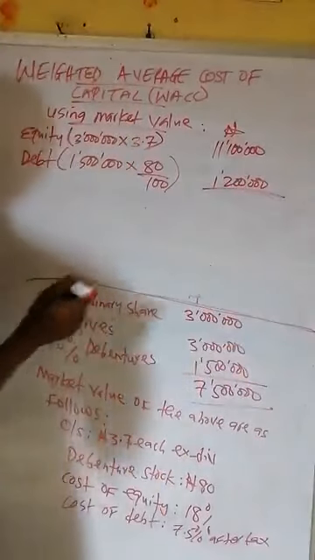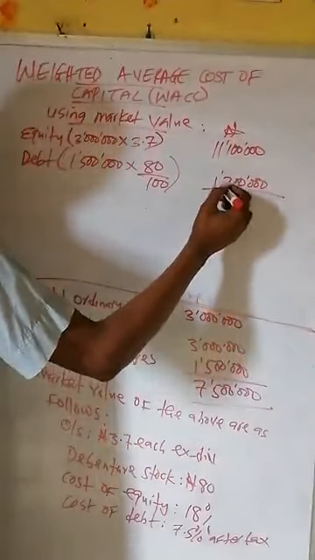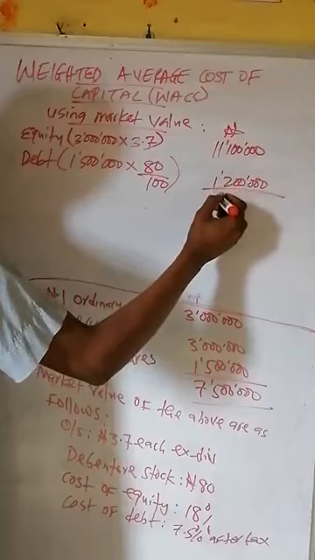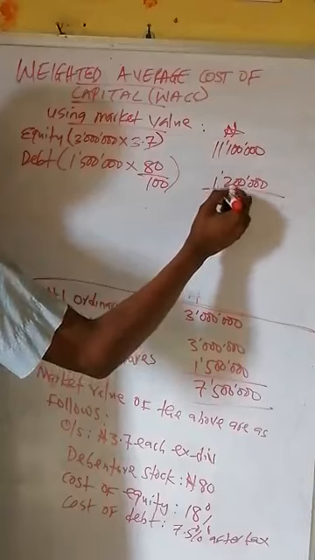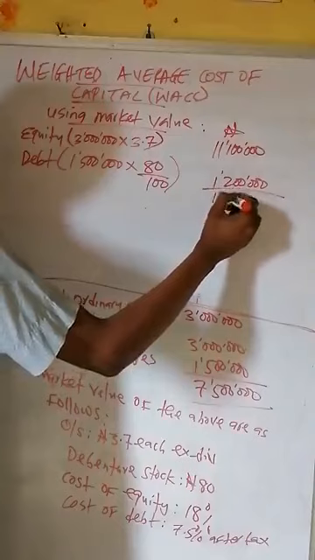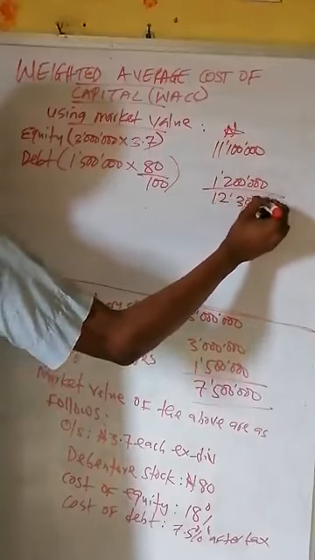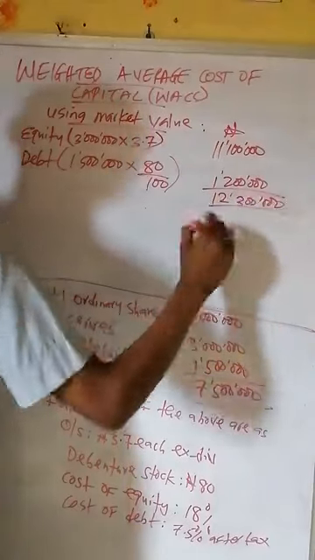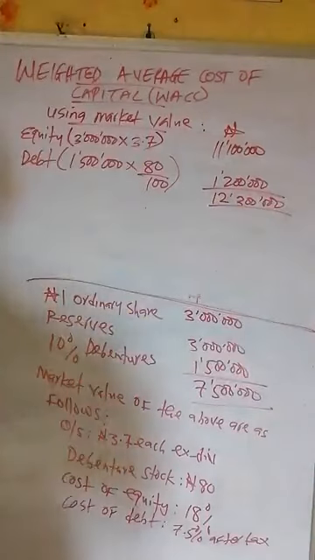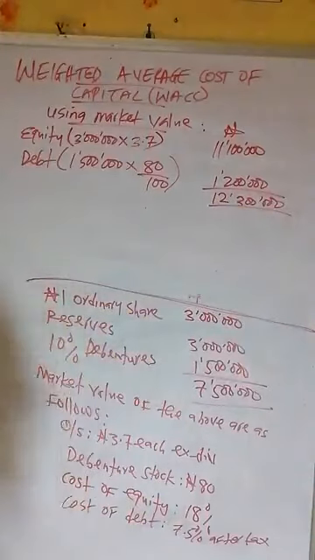Adding it up, what are we going to have? 12,300,000. So this is the value of the company now.